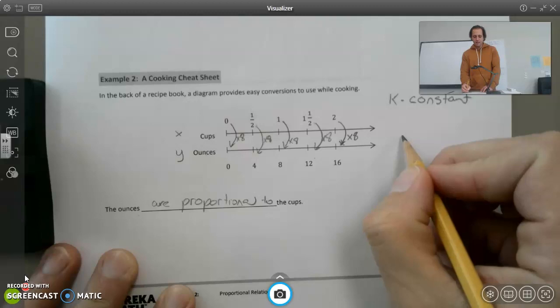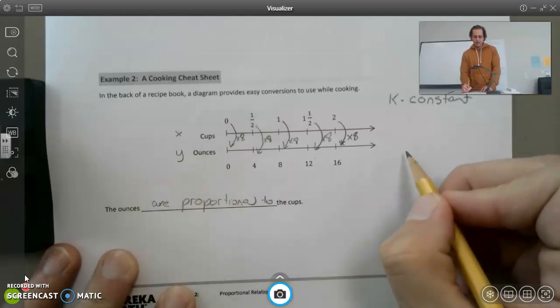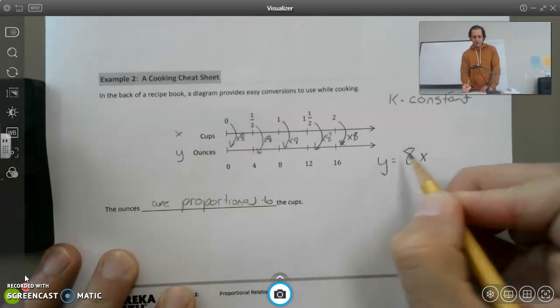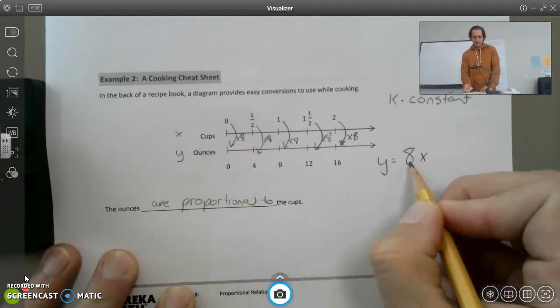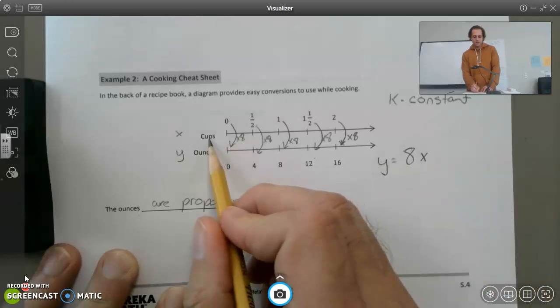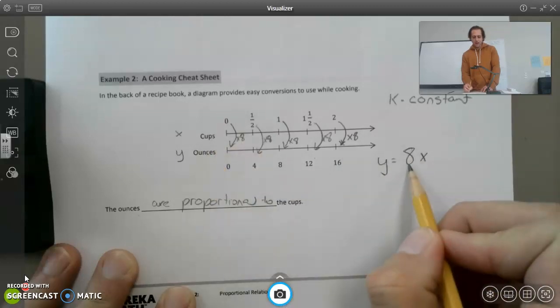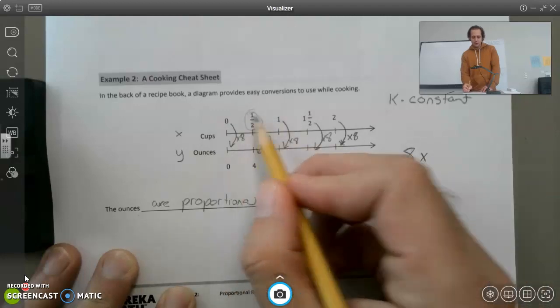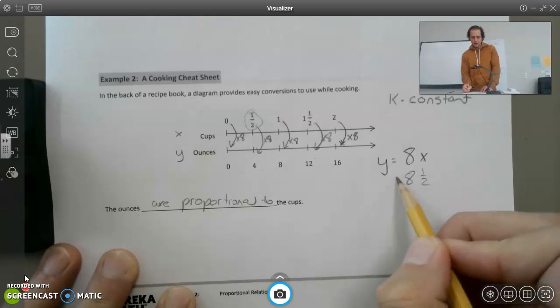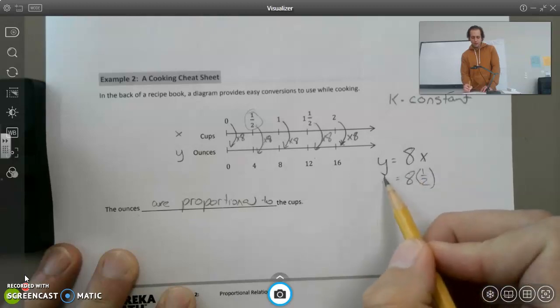If I take my constant 8 and I multiply whatever I've picked as my x variable by 8, do I get y? So for instance, in this case, if cups are x, if I do 8 times 1/2, do I get 4?